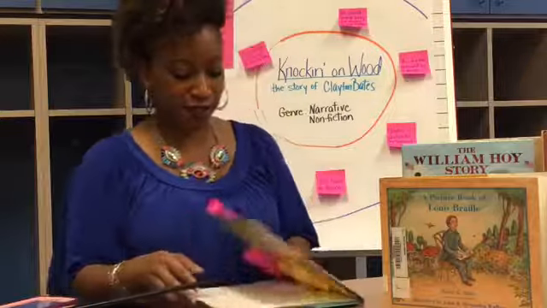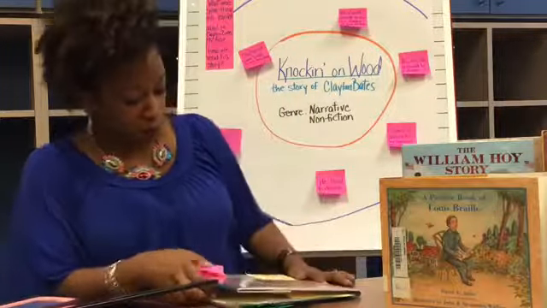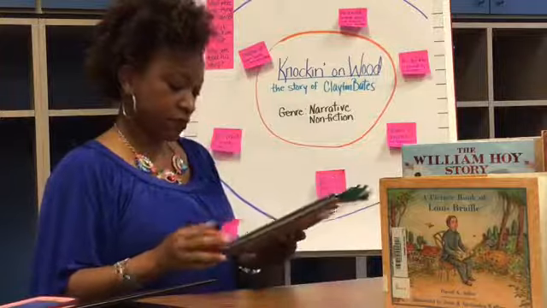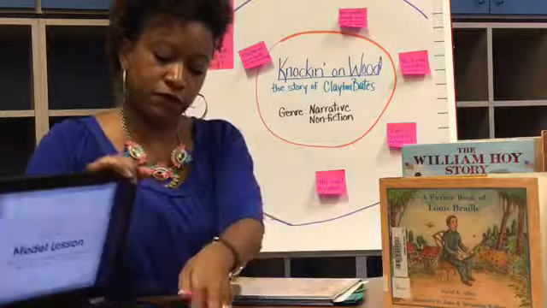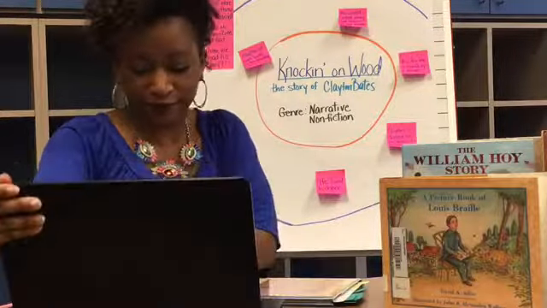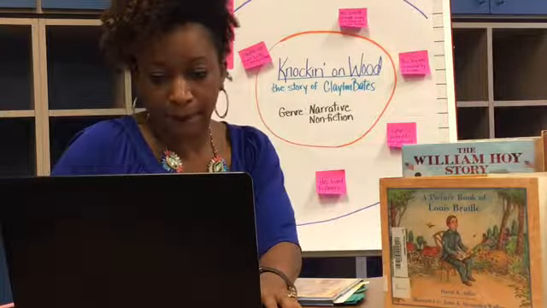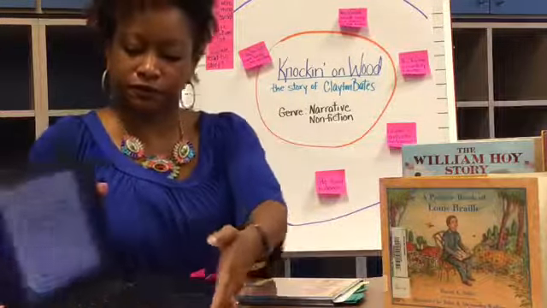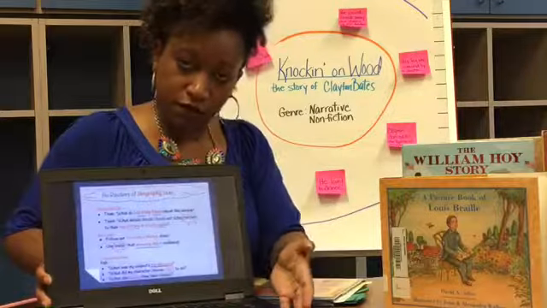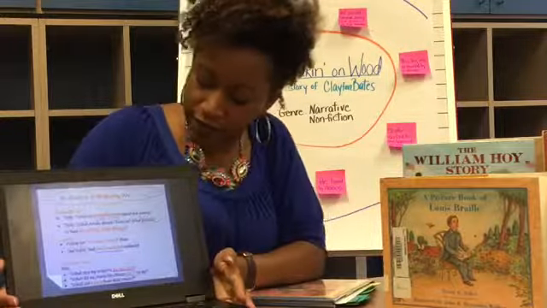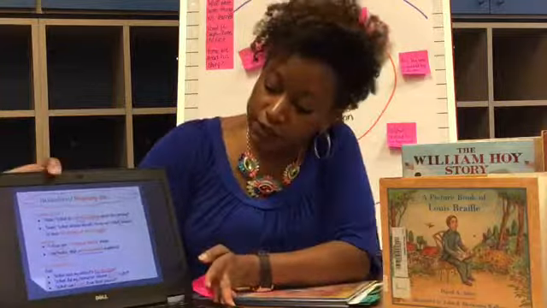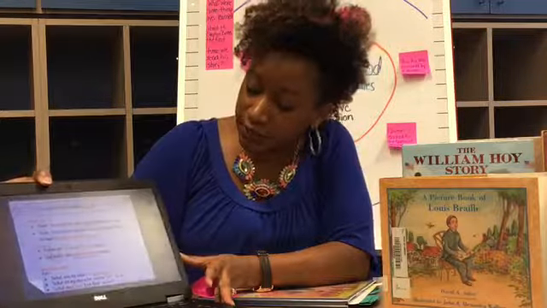So let's take a look at the model lesson. We want to refer back here because we're going to look at the different parts as we go through the lesson.